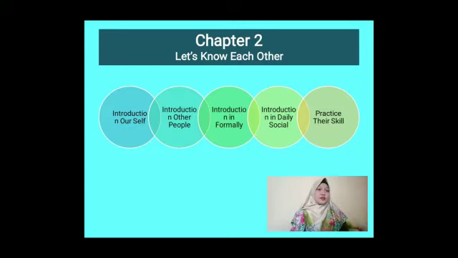In this chapter, the author describes how to introduce ourselves to other people, how to introduce other people to other people, introductions in the family, and introductions in daily social life. And at the end of this chapter, the author provides exercises so readers can practice their skill based on what they learned in this chapter.